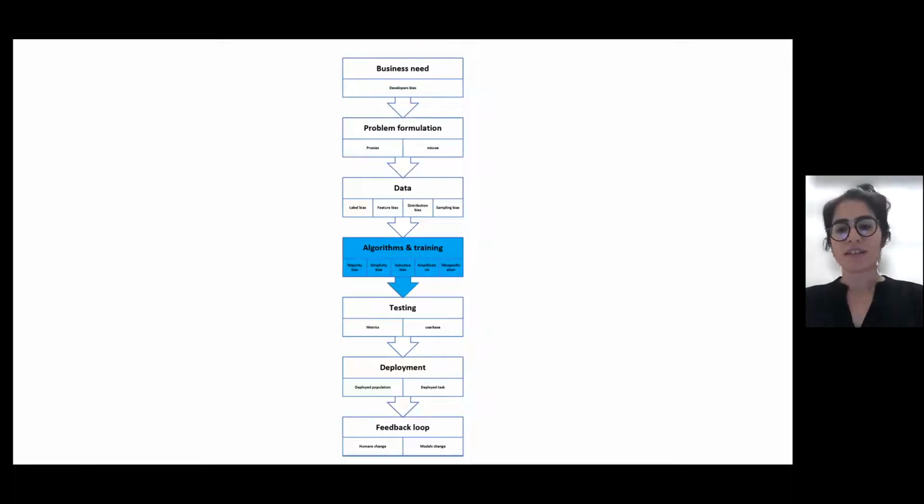So we're done with data, and whenever you use some data, it's good to go through all these sorts of biases and see if they exist and what you can do about them. Now we are going to discuss algorithm selection and training. We are going through 5 different biases that can creep into our ML model.